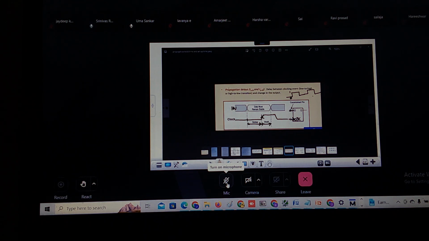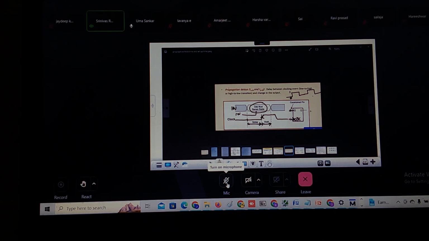Yes, sir. So during this time, I should maintain stable data; data must remain stable during this time. It means if you are maintaining the input as 0, it should stay 0, or if it is 1, it should stay 1. What happens if I change the input, 1 or 0, during this setup time?